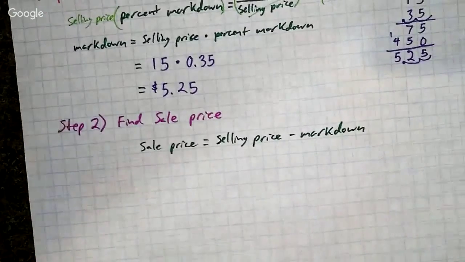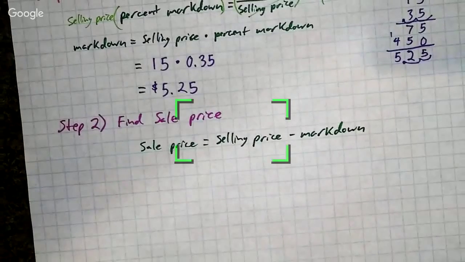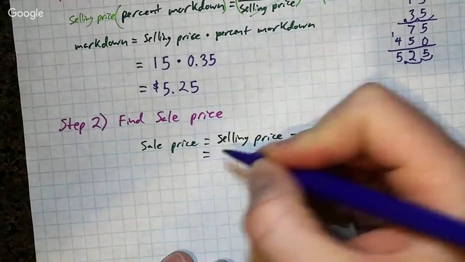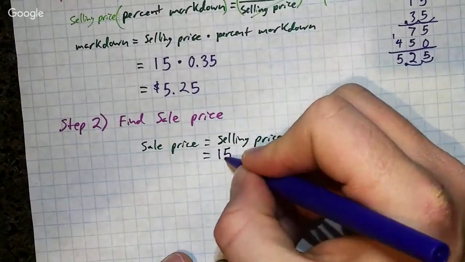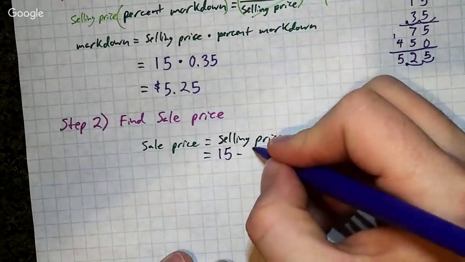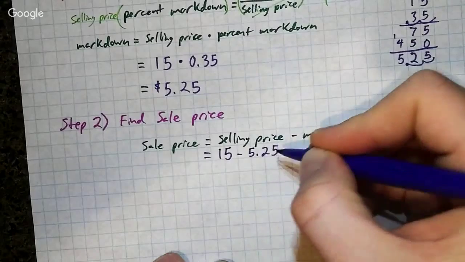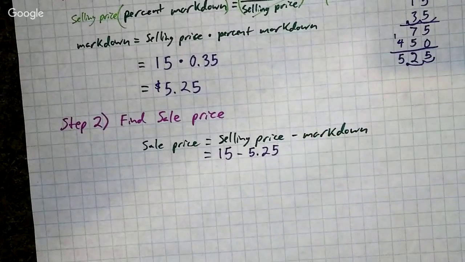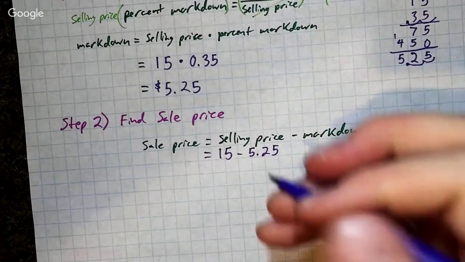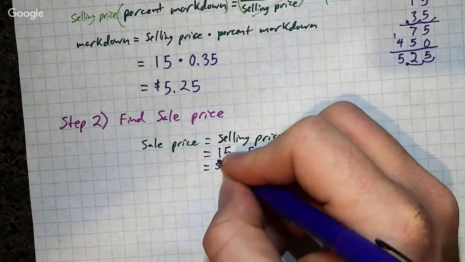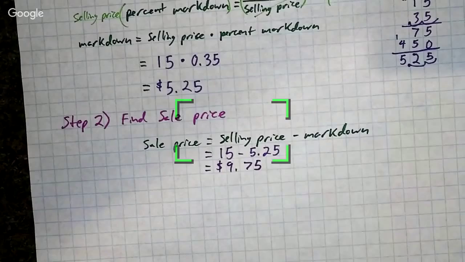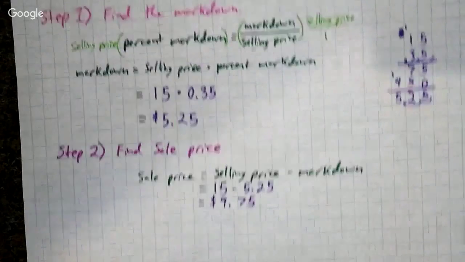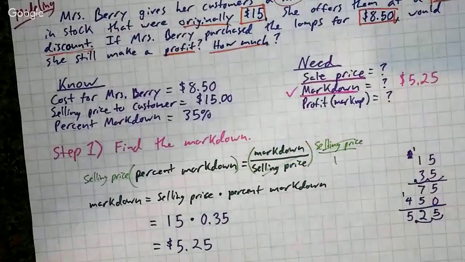Okay, so we have our next equation. Let's just go ahead and plug things in. We don't know the sale price, but we do know the selling price, which is 15, minus 5.25, which is going to give us $9.75. Okay, now we found the sale price.